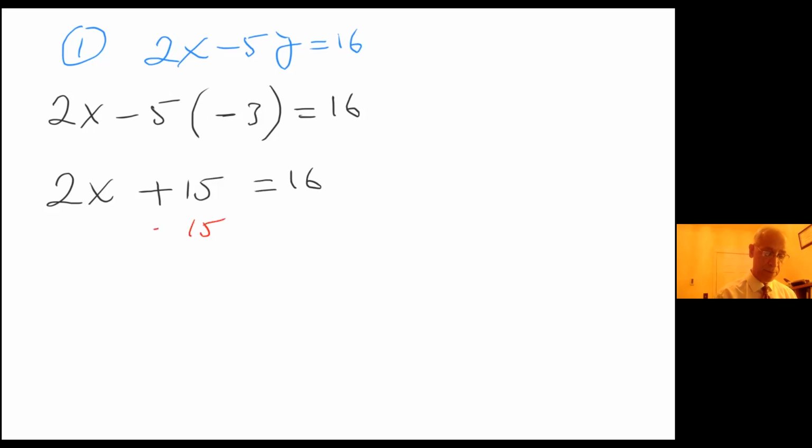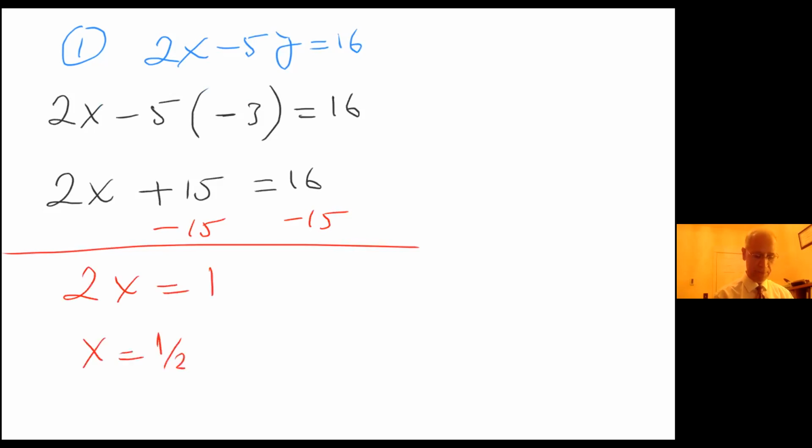Subtract 15 from both sides, and I have 2x equals 1, and so x equals 1/2. So the final answer is 1/2, -3. And if you plug these numbers, 1/2 for x and -3 for y, into any of the equations that we started with, it'll give us a true statement.